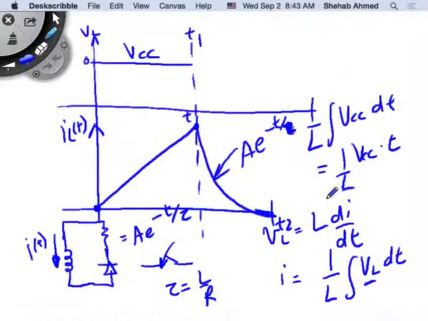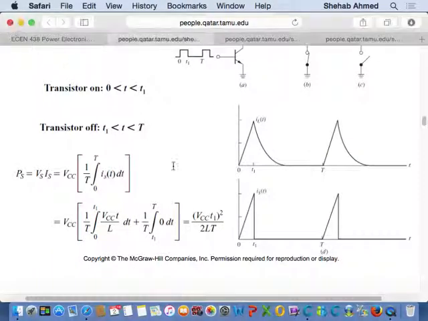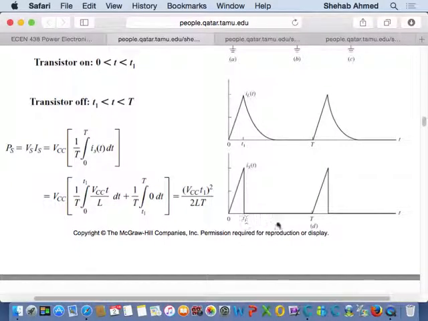It's VCC times T over L. That was the equation for the ramp. Right? So we had derived that previously. And then from T1 to the end of the period, there is no current being drawn from the source. Right? So you did the integration from 0 to T, and this was the solution. Okay?